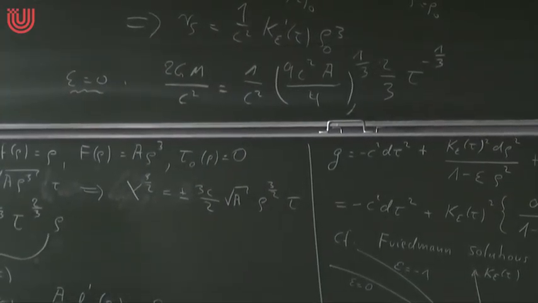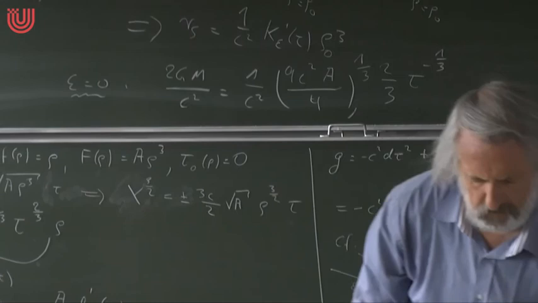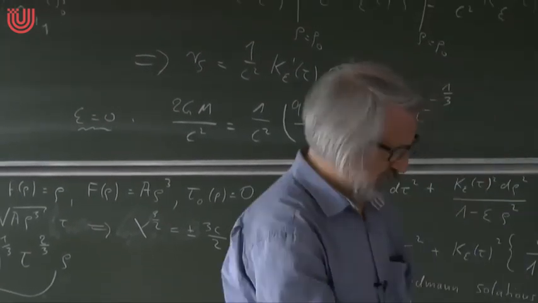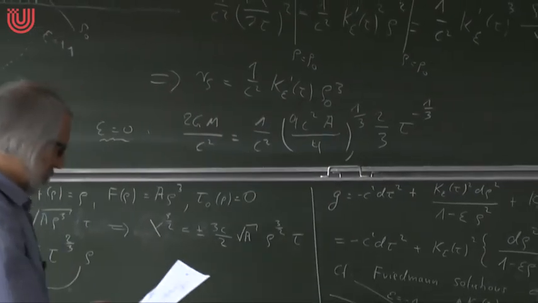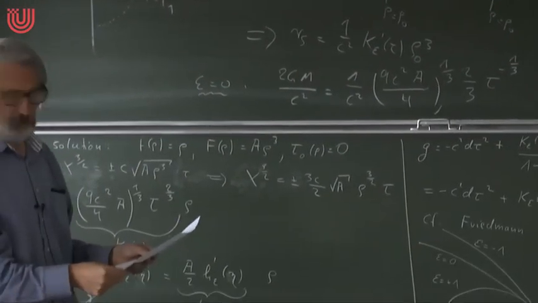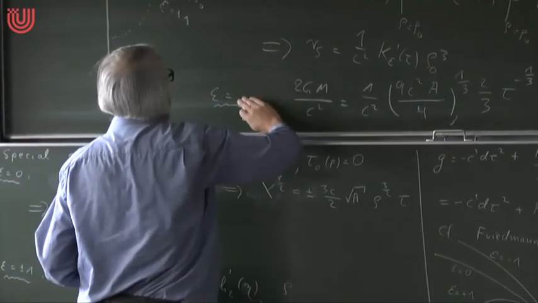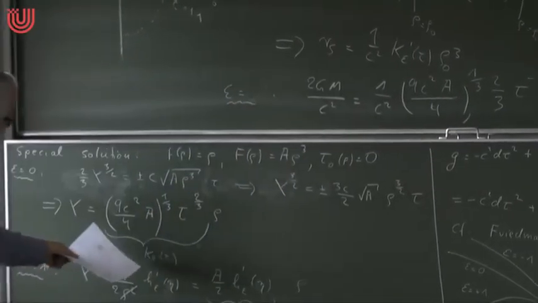What have I done now? There's something wrong. Why do I get a tau there? Of course, everything should be constant. Sorry, this was the case epsilon equal 1. Oh, I looked at the wrong equation.